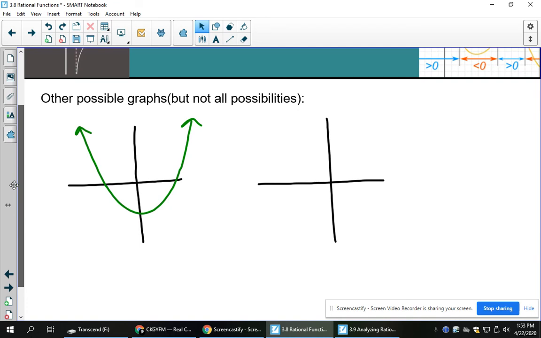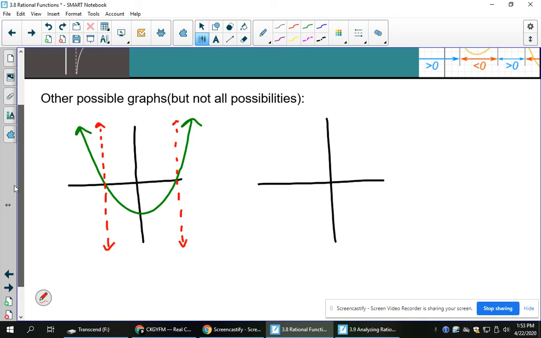If you think about this, it's going to end up having vertical asymptotes at the x-intercepts, because that's where you would divide by 0, a horizontal asymptote at the x-axis, and then all of the points on this graph, like let's say this point down here at -9, would flip up to be a fraction, -1/9.